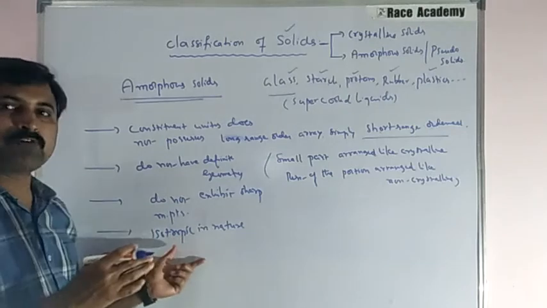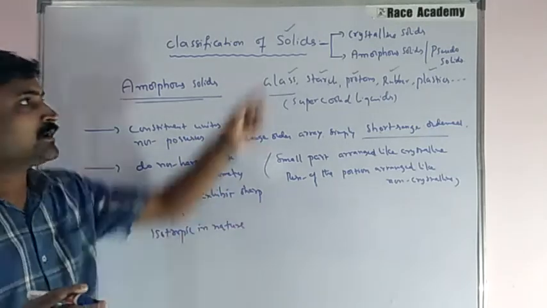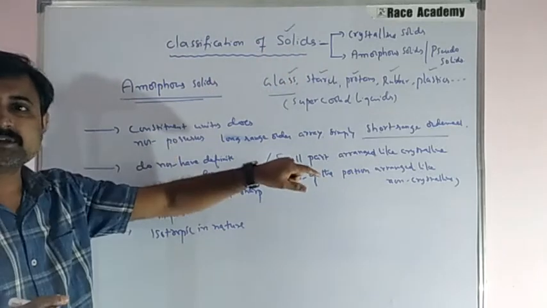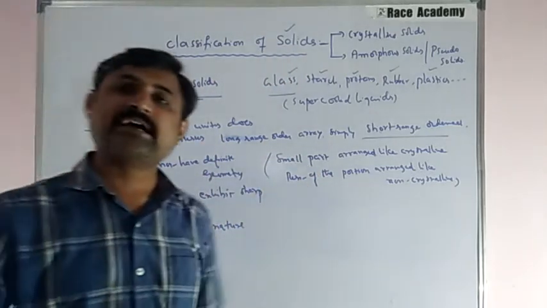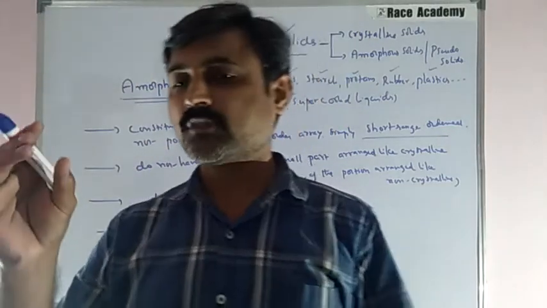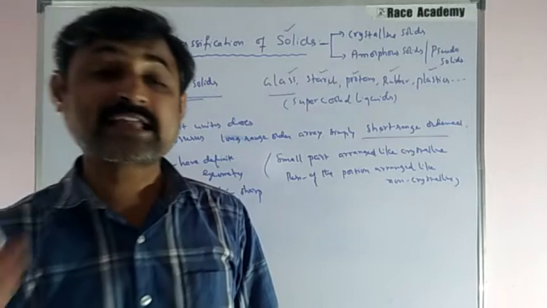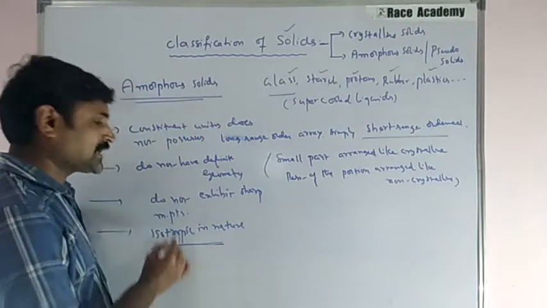If a physical property value of a solid comes out similar in all directions, then that is an amorphous solid. The isotropic nature is the characteristic property of amorphous solids.